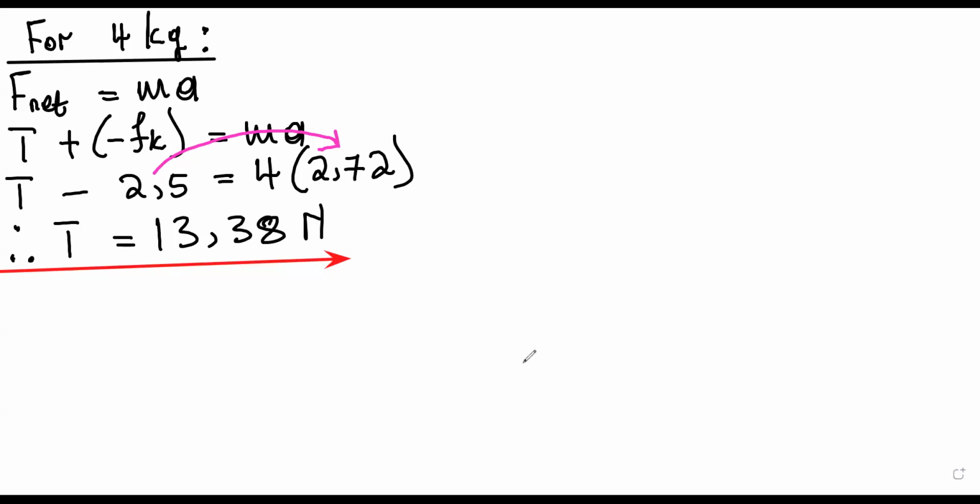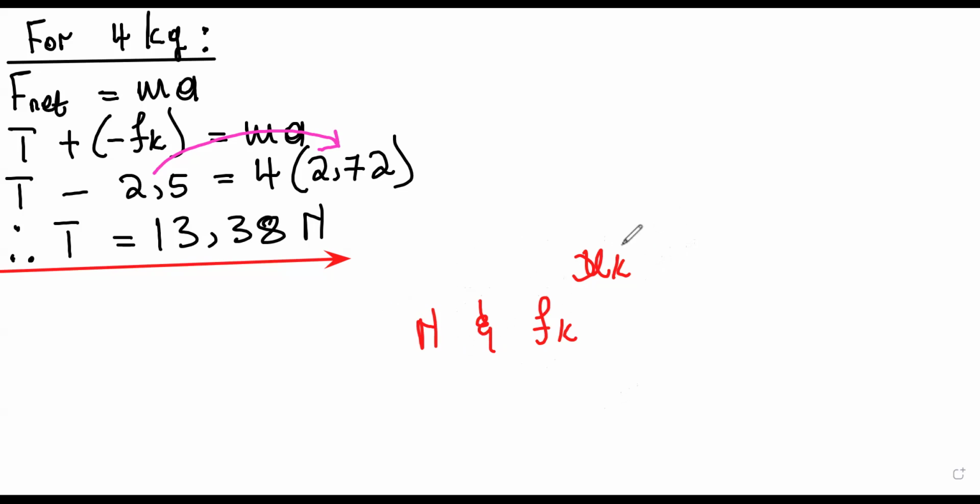The next one says, calculate the coefficient of kinetic friction between the surface and the 10 kg block. Okay, now this one is a major problem. In order for us to calculate the coefficient of kinetic friction, we need to know the normal force and also the kinetic frictional force.